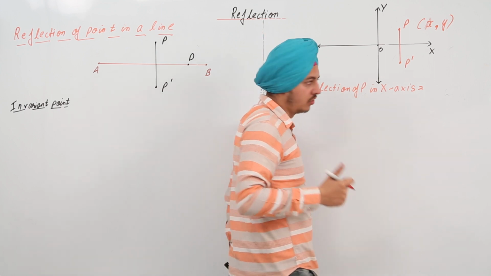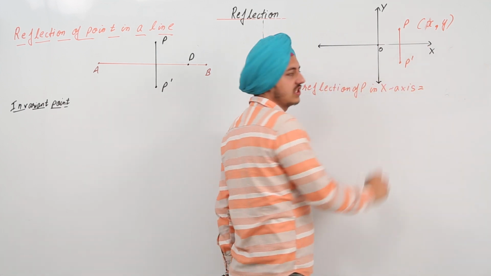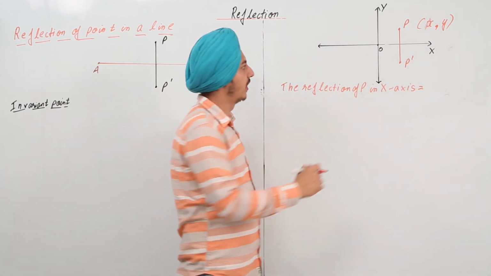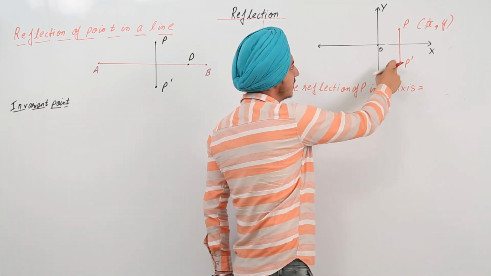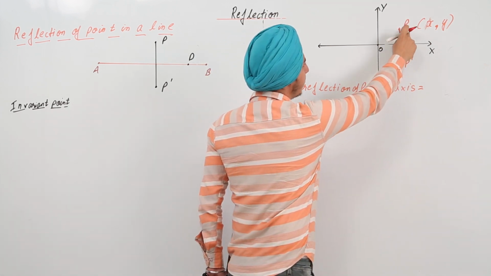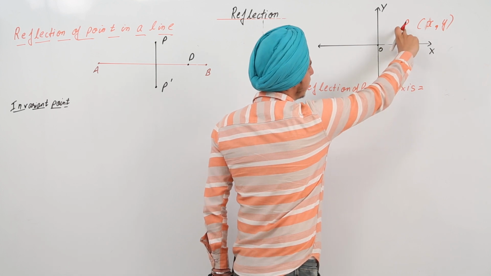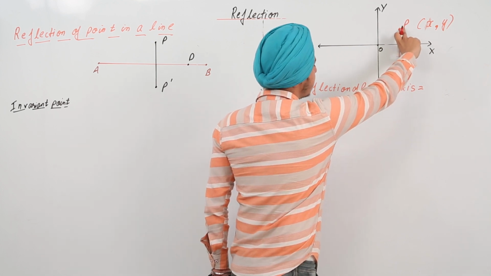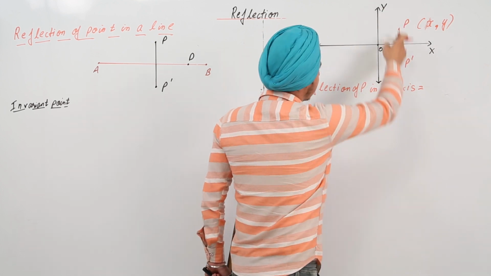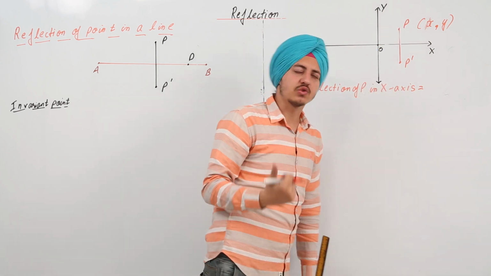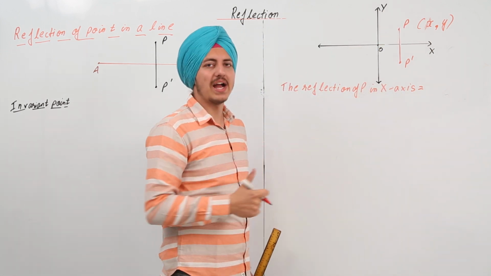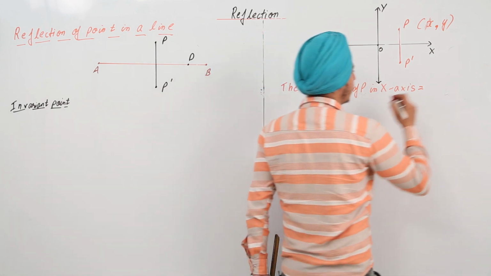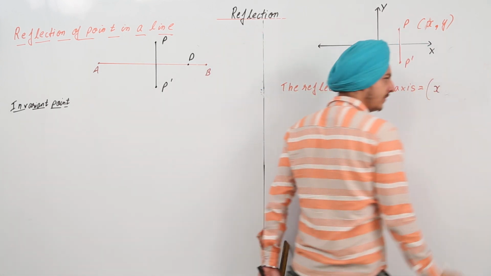What will be the coordinates of this point? Now see over here, the y coordinate will change, but the x coordinate will remain the same, right? The x coordinate of this point and this point, anywhere on this line, will be the same, right? So the y coordinate is going to change, and the x coordinate remains same.